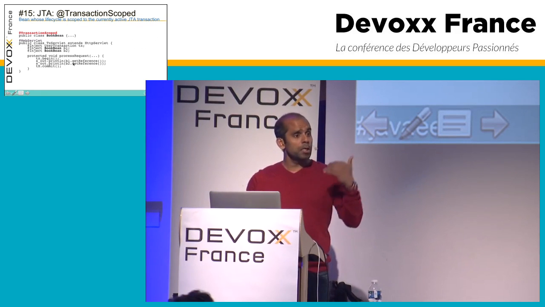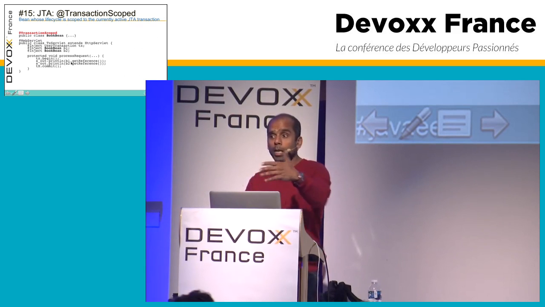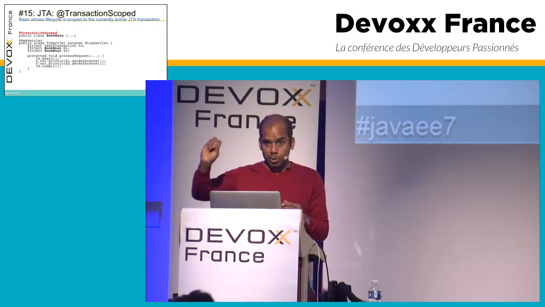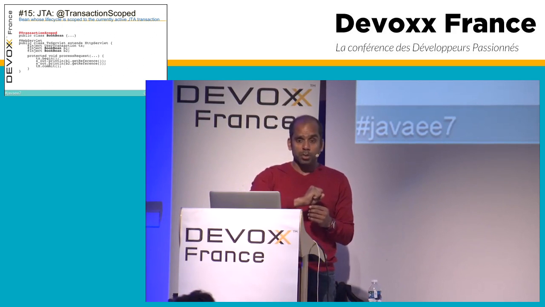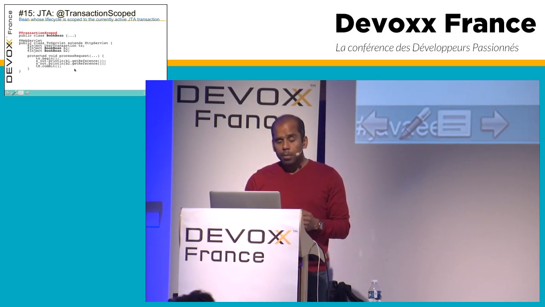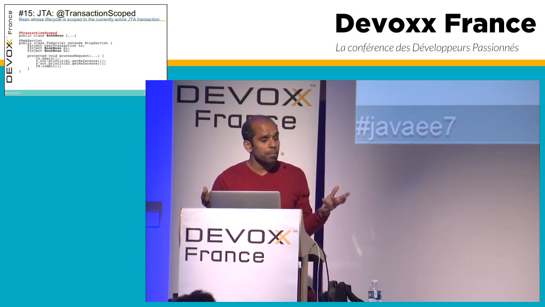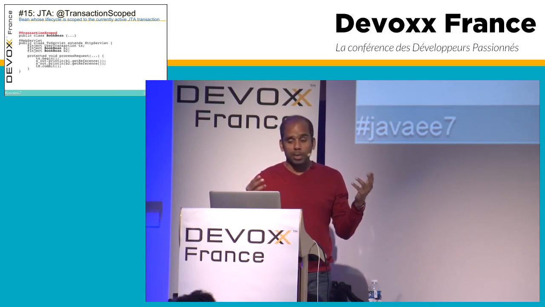When you do the first invocation, it says, let me see if there is a transaction scope bean. If there is not, it creates a new one, puts it into the bucket, and gives you the new transaction scope bean. But for the second one, because the bean already exists in the transaction scope, it gives the same bean. So B1.getReference and B2.getReference in that sense are going to be exactly the same beans.